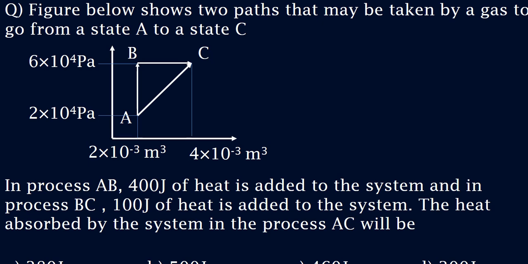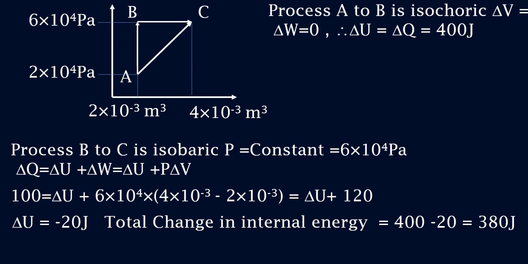Now, the process A to B is isochoric, that is, change in the volume is equal to 0. Therefore, work done is equal to 0. Then, from the first law of thermodynamics, delta U is equal to delta Q is equal to 400 joules.